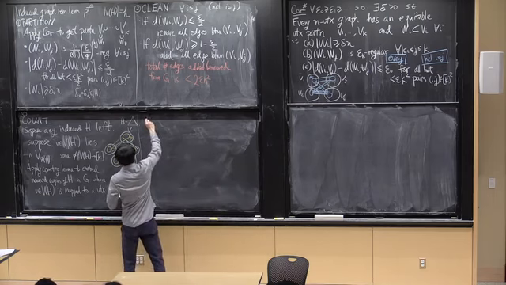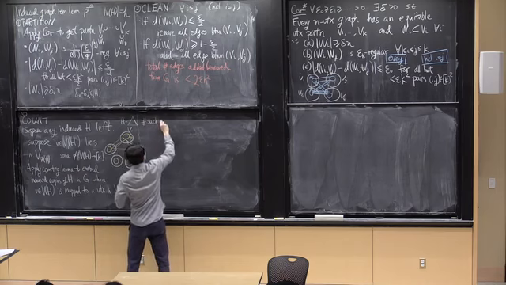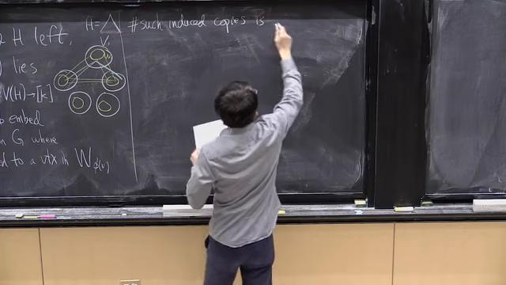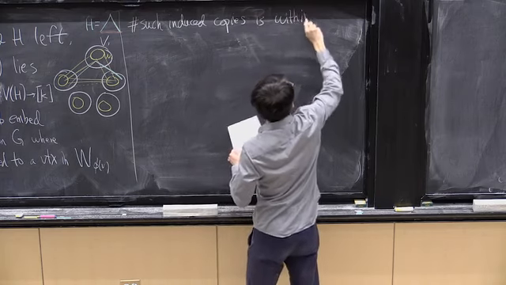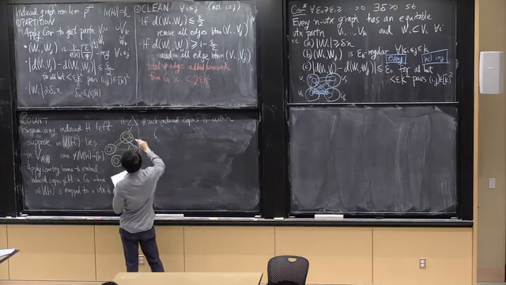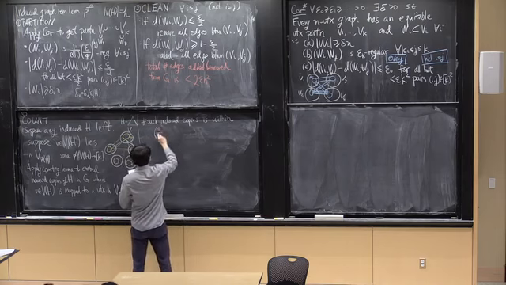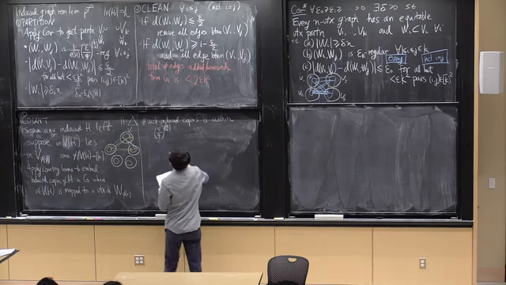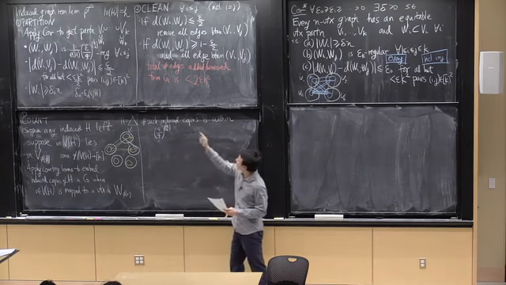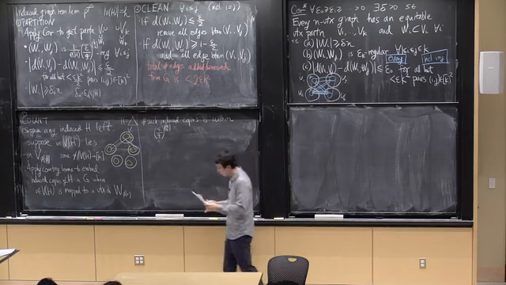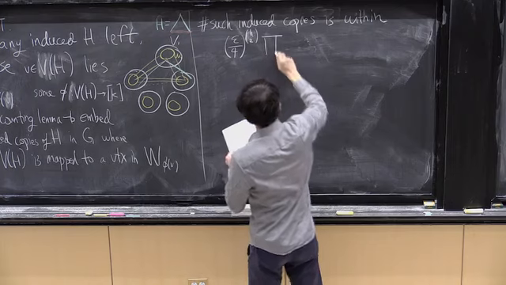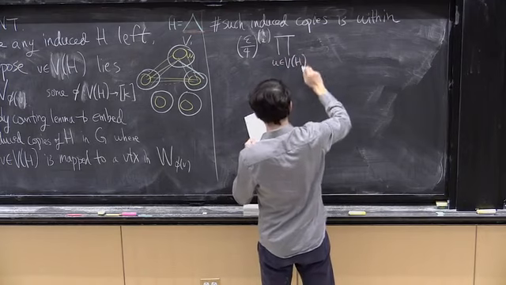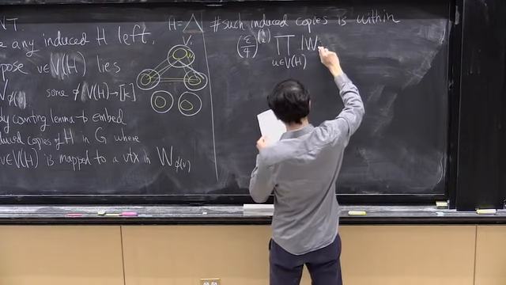So we find that the number of such induced copies is within a small error, so within that regularity parameter, multiplied by the number of edges of H, which we already canceled out, multiplied by the product of these W_i's.